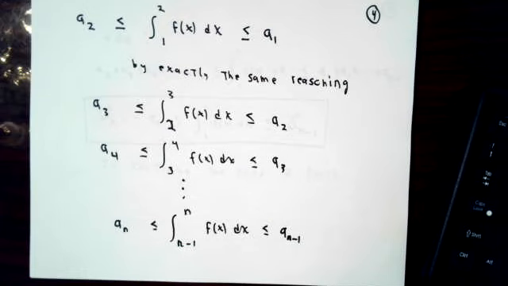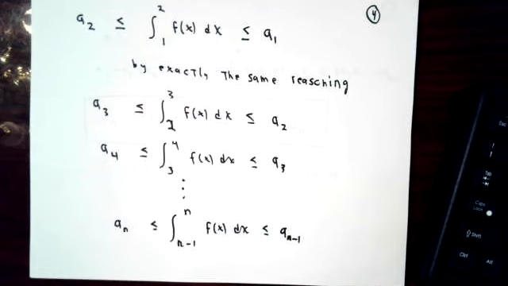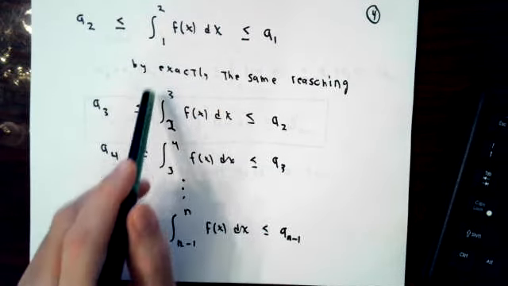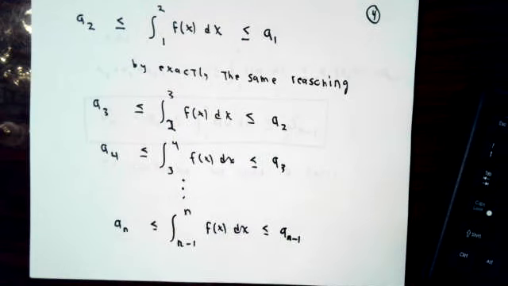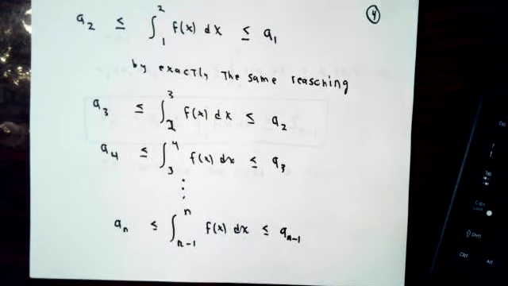And as a side comment, this integral is the area under the curve from 1 to 2. This integral is the area between 2 and 3. This area is the area between 3 and 4, so on and so forth.